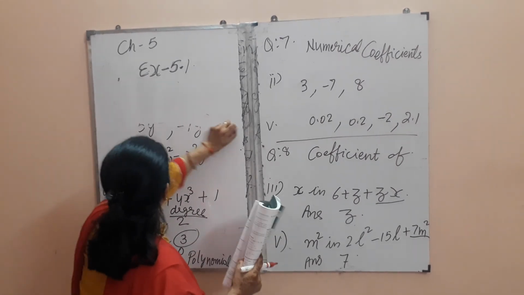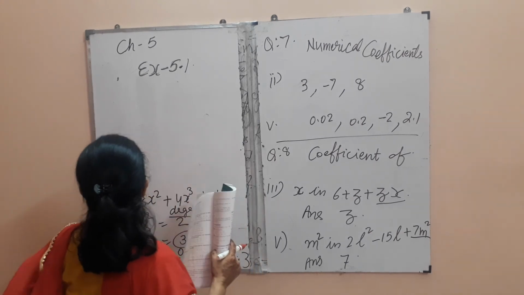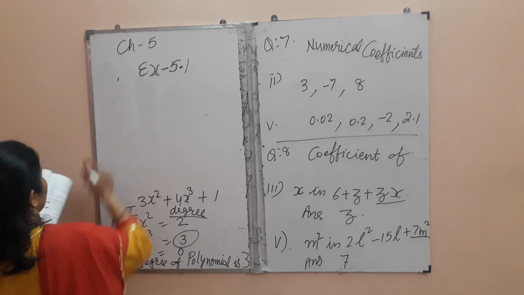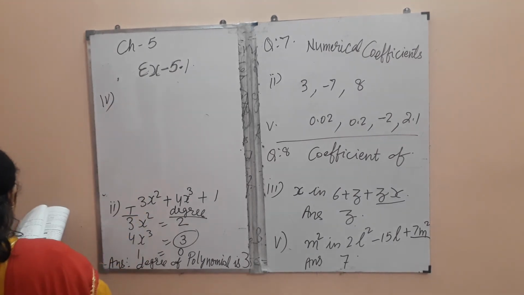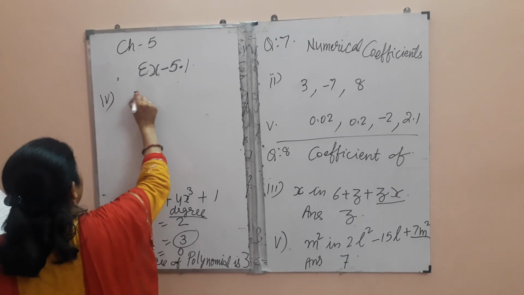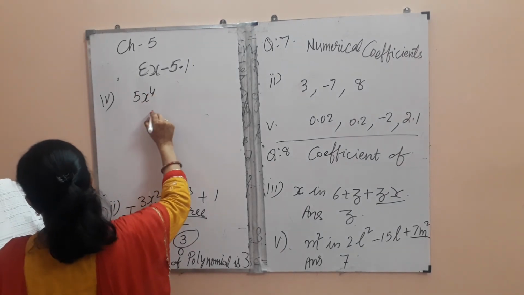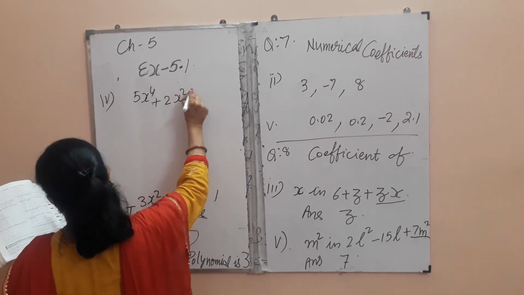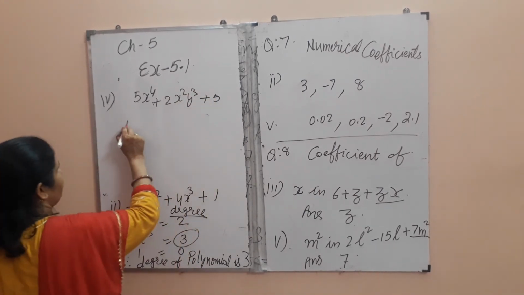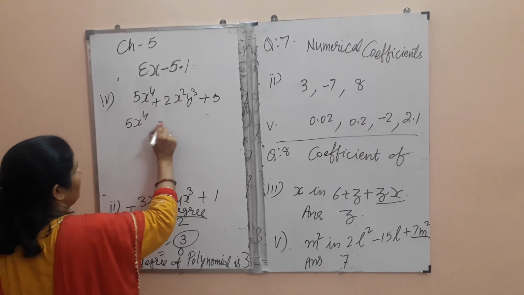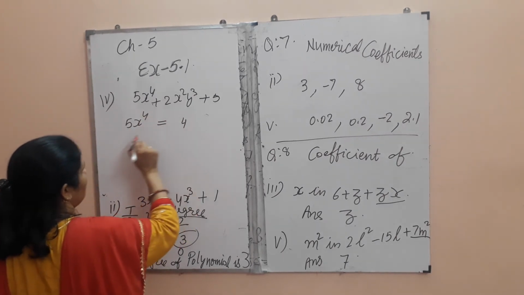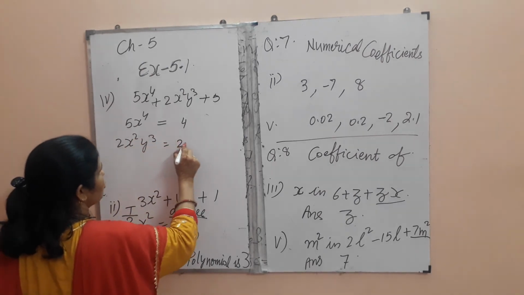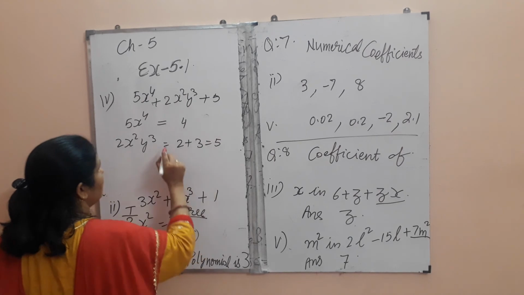Next question I am solving. Question number 13, the 4th part. 5x to the power 4 plus 2x square y cube plus 5. So 5x to the power 4, degree will be 4. 2x square y cube, degree will be 2 plus 3 equals 5.